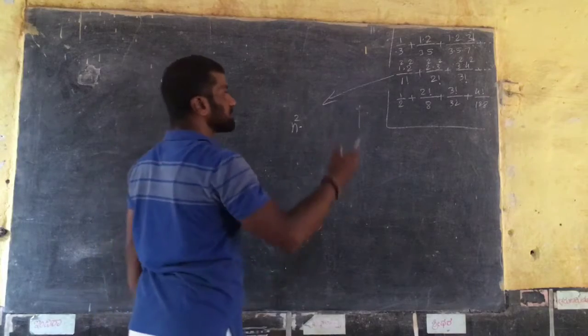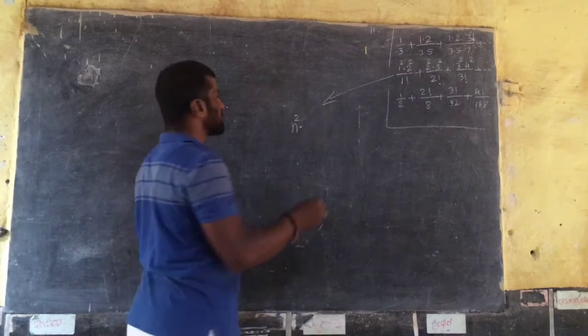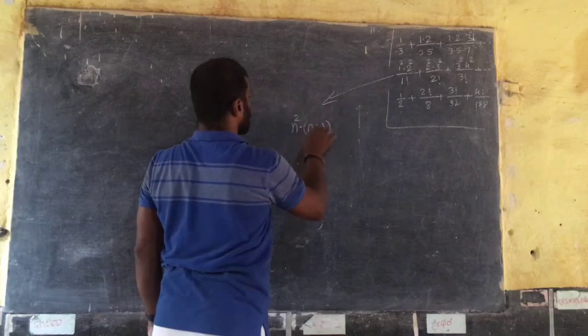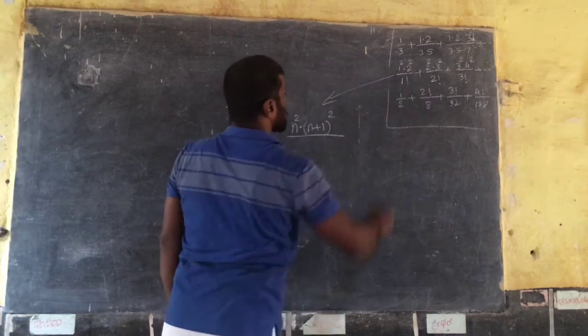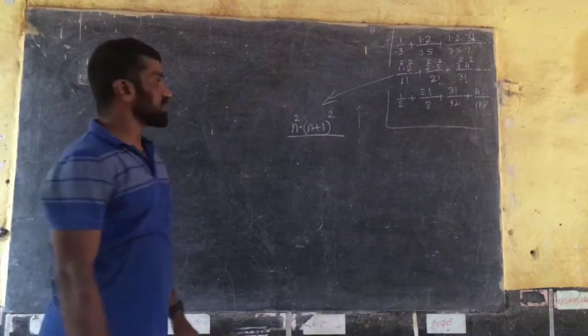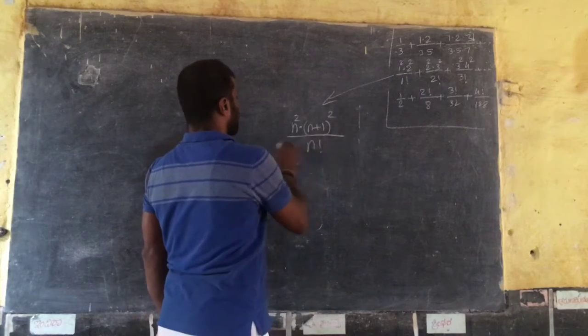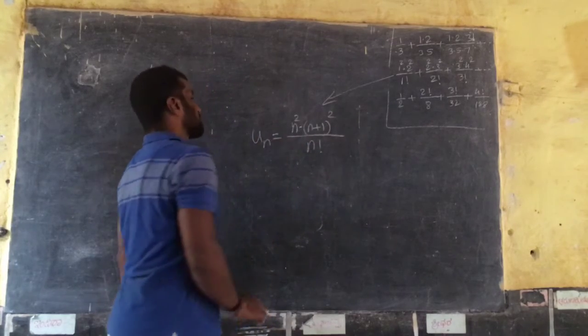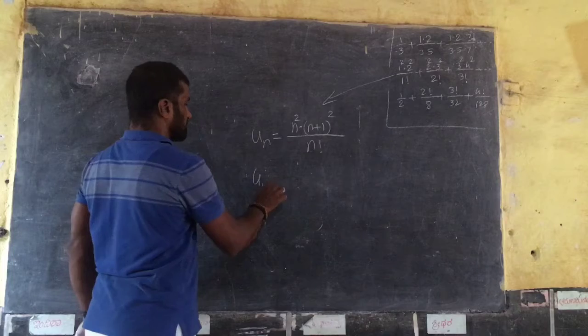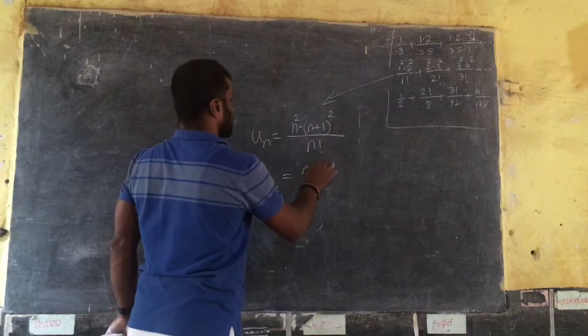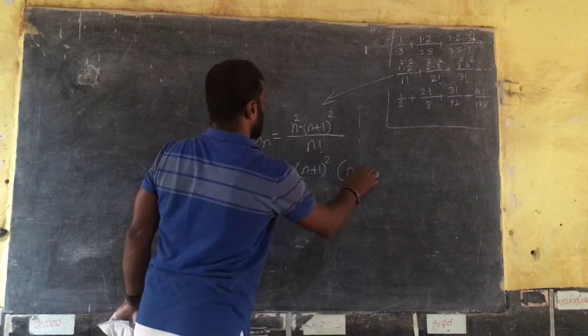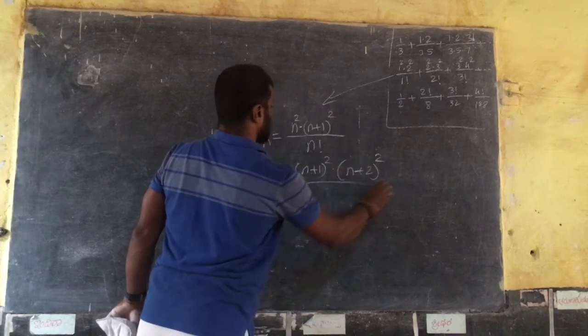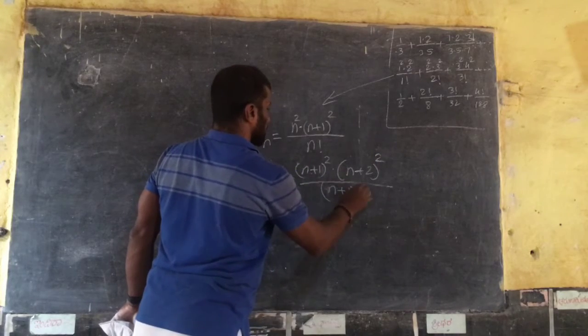So 1, 2, 3 means it is n. 2, 3, 4 means n plus 1, whole square, whole divided by 1 factorial, 2 factorial, 3 factorial, which means it is n factorial. So it is u_n. Next u_n plus 1 equals n plus 1 whole square into n plus 2 whole square divided by n plus 1 factorial, right?